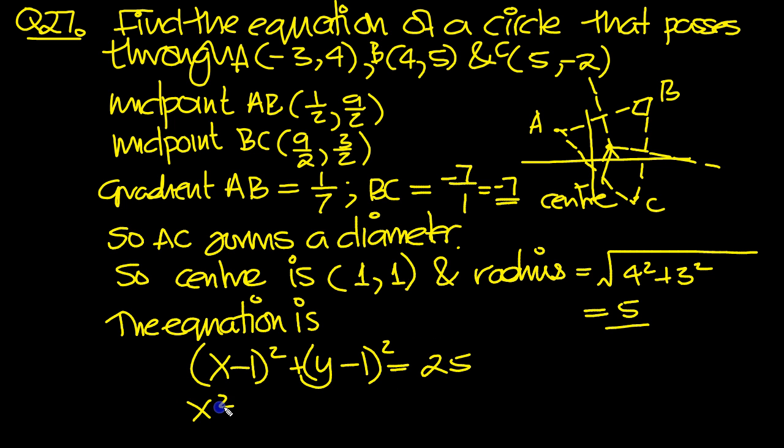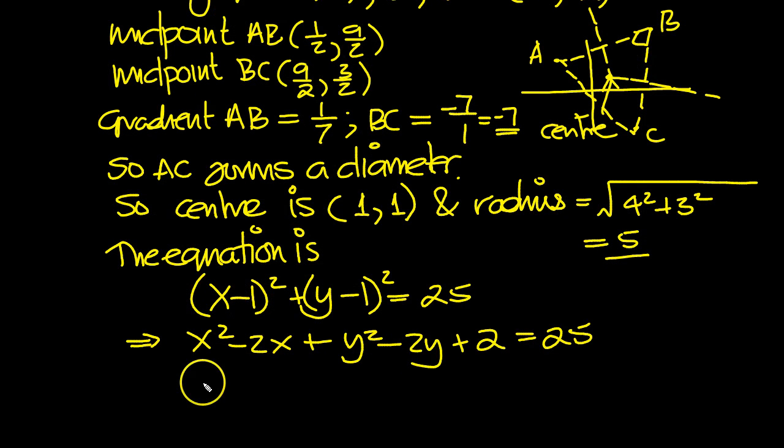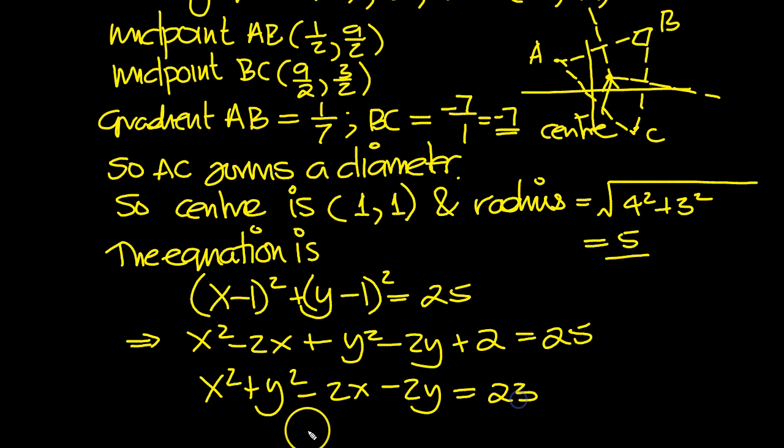That gives x squared minus 2x, plus y squared minus 2y, then plus 1 and plus 1, so we'd have plus 2 equals 25. So let's tidy that up then. We get x squared plus y squared minus 2x minus 2y is equal to 23. There we go.